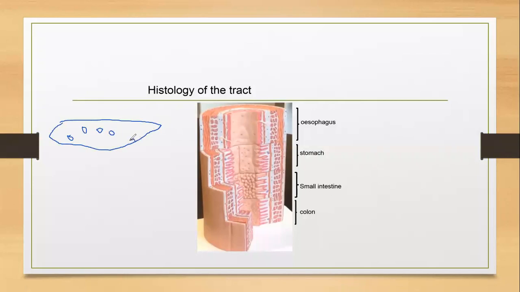If I were to cut through half of the hole, I will find an indentation into the mucosa representing the gland here. So this is a three-dimensional structure where the surface is just showing holes or pores.